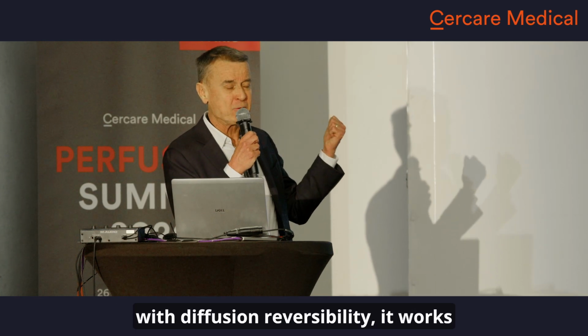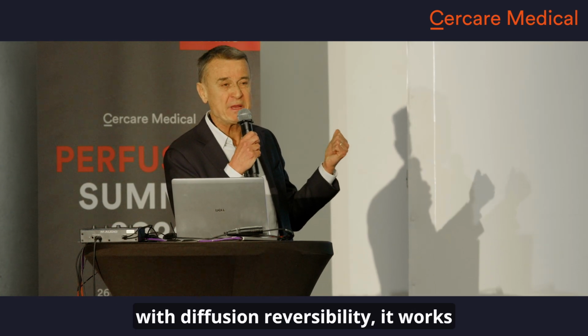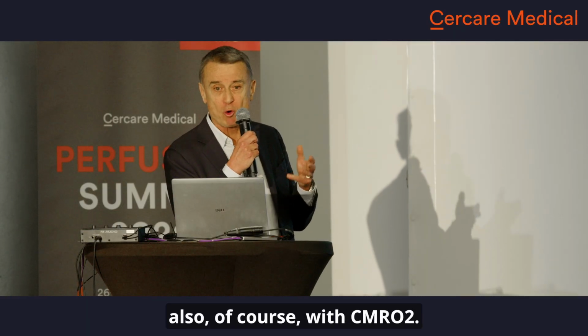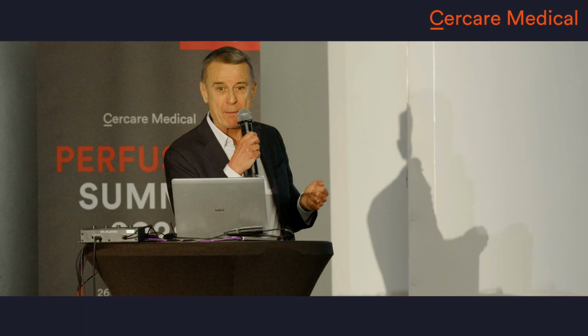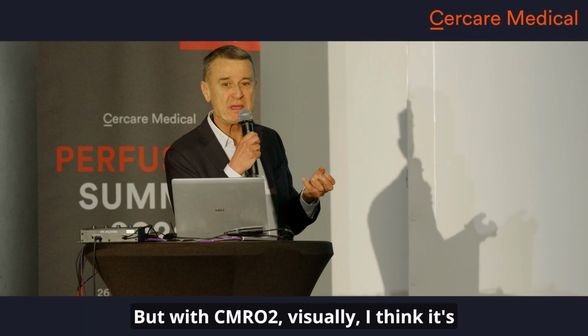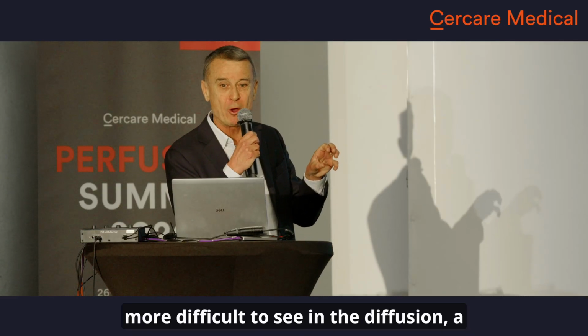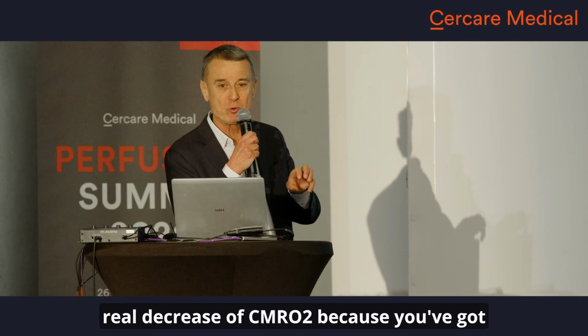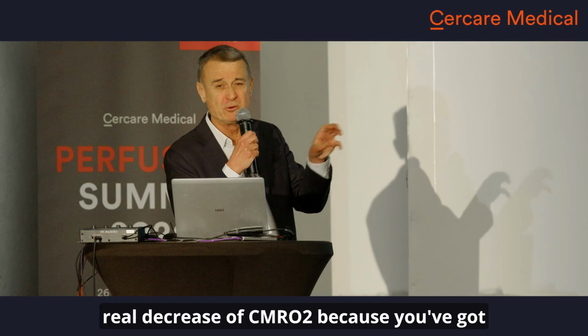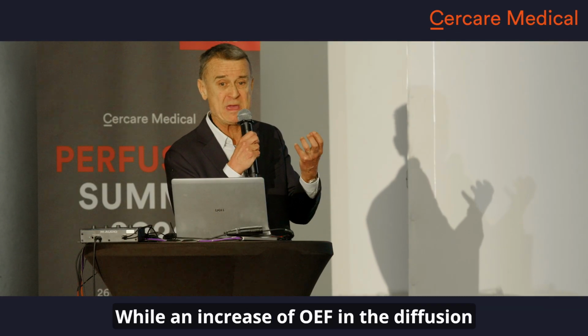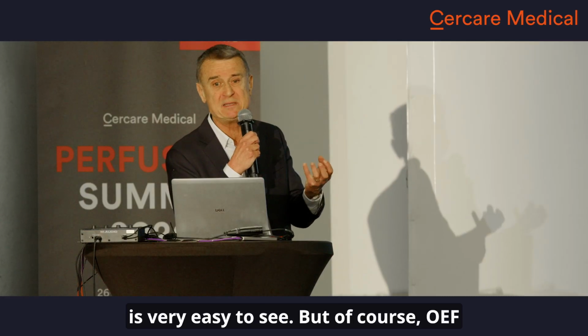With diffusion reversibility, it works well with OEF, but it works also, of course, with CMRO₂. But with CMRO₂, visually, I think it's more difficult to see in the diffusion a real decrease of CMRO₂, because you've got a lot of decrease in CMRO₂, while an increase of OEF in the diffusion is very easy to see.